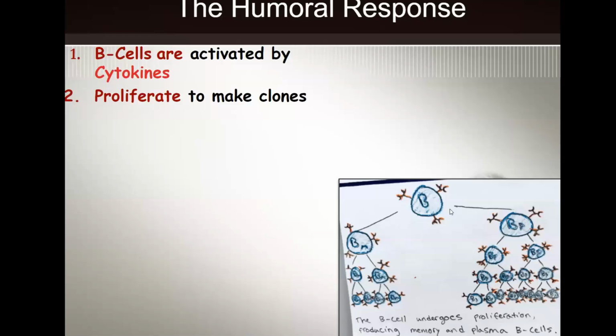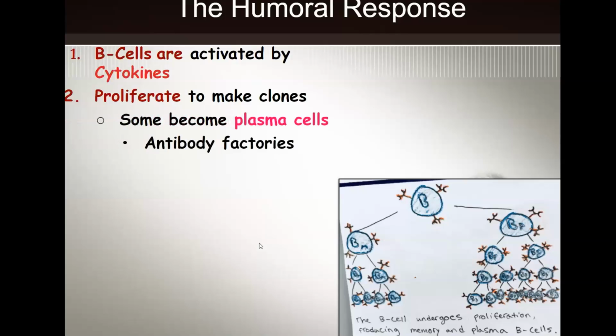So they make many, many copies of the exact same B cell with that specific antibody shape. So that will fit the antigen. So proliferation means to make copies.